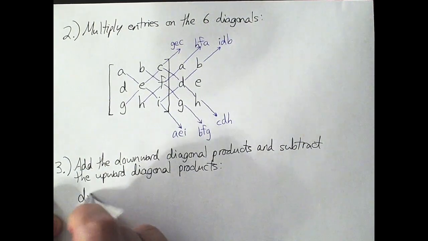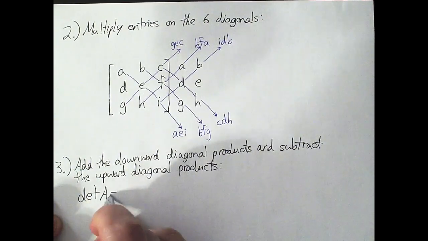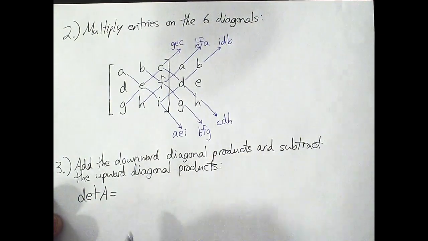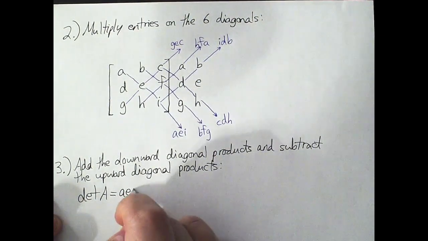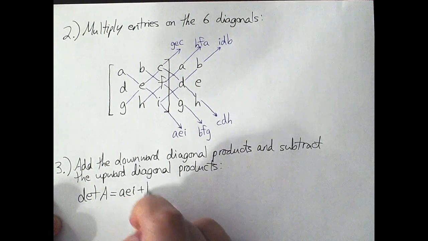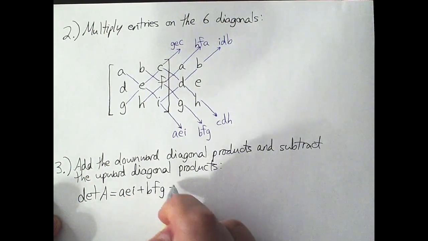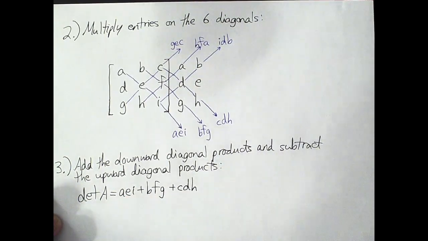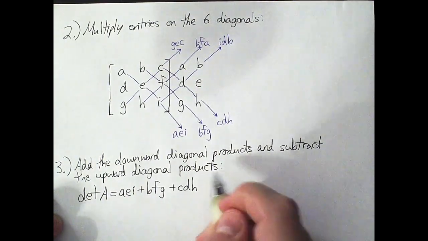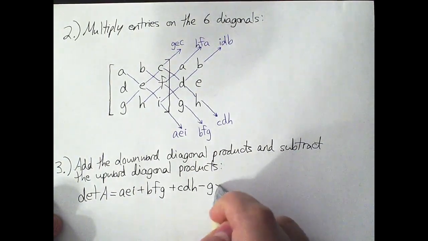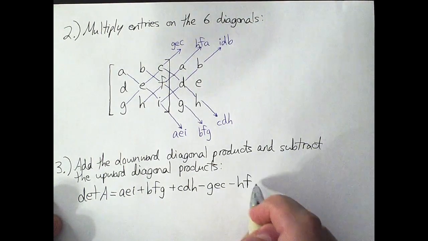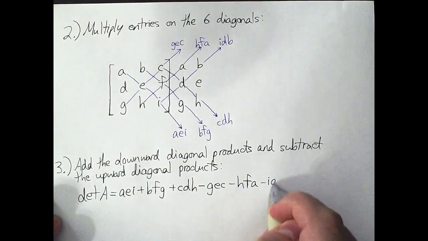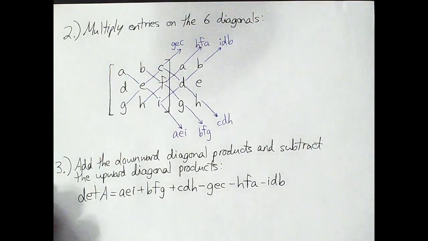So that the determinant of A equals AEI plus BFG plus CDH. Those ones are added. And then subtract the other ones, GEC, HFA, IDB. Wow.